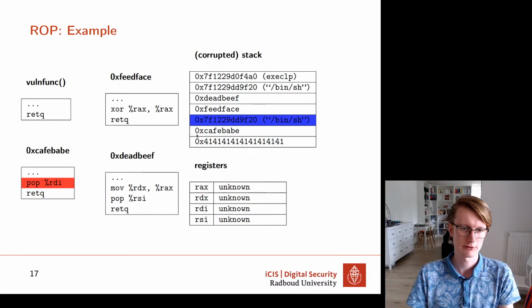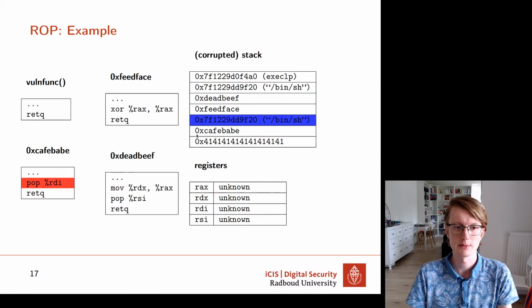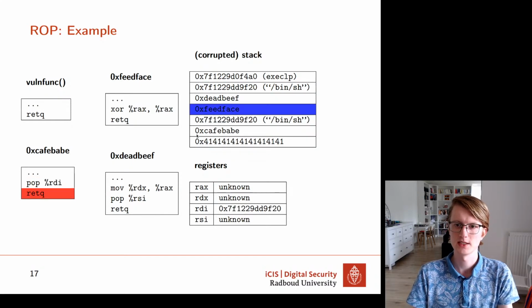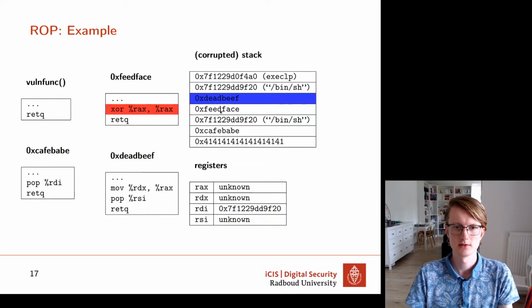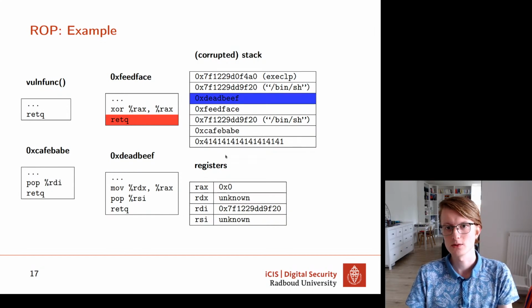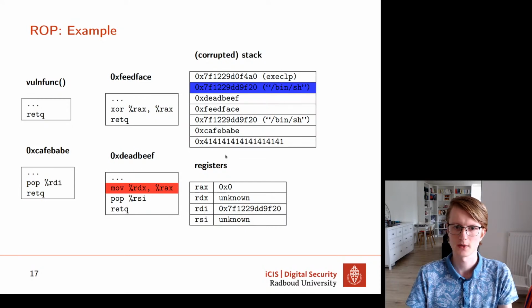We can just happily jump in there. It's in the code segment, so we don't need to worry about write XOR execute, and it will just pop something off the stack again. And you'll see that we've set -h into RDI. We return again, which means that we pop the feedface address, and that thing executes the XOR, it zeroes out RAX, and then it returns again, which means we pop the return address.